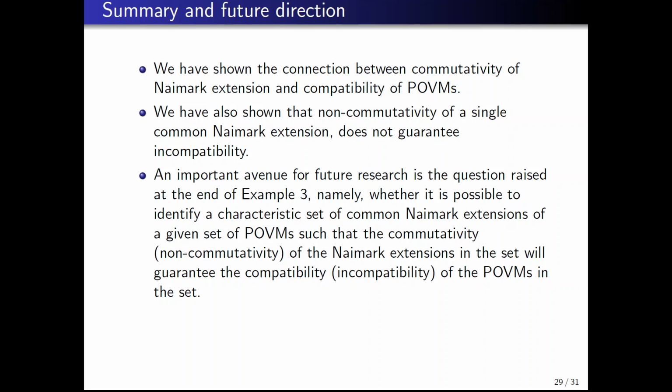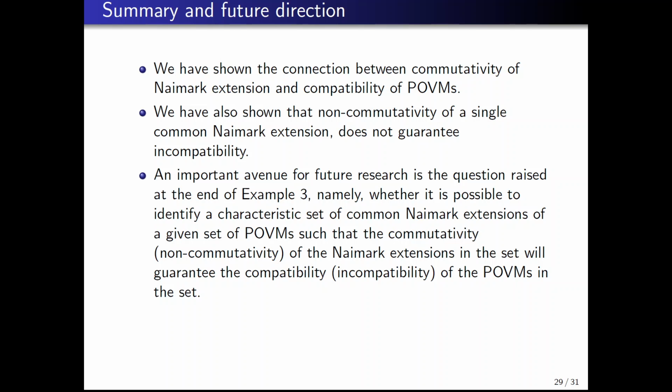So example 3 is important, because after example 3 one can ask the question: does there exist any characteristic set of common Naimark extensions such that commutativity or non-commutativity of the Naimark extensions in that set will guarantee compatibility or incompatibility of the POVMs in that set?